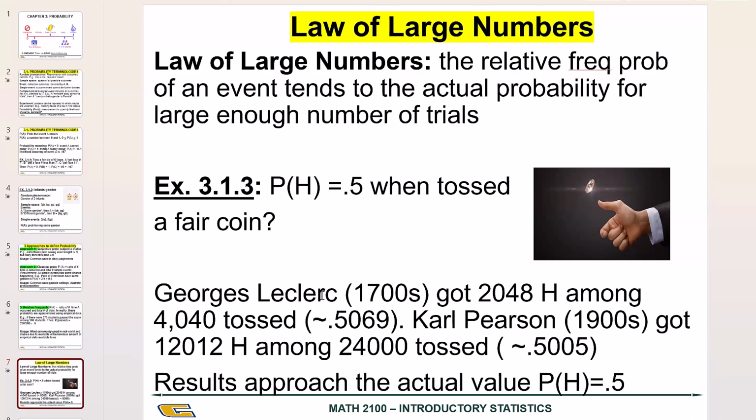If you do the ratio, it's about 0.5005, which is even closer to 0.5. And from here you can see that for their coins, the values converge very close to a half, which is what we expect for a fair coin.